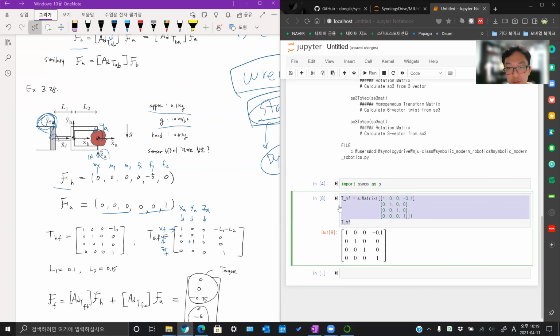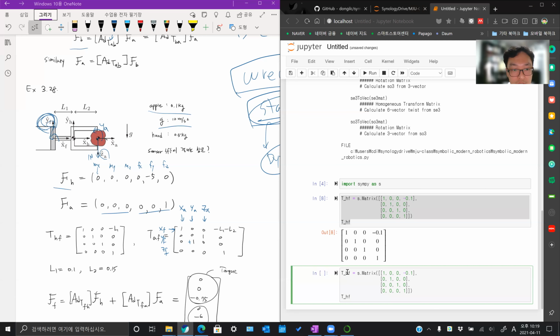And similarly, let's make TAF, 0, 0, 1, 0, 1. This one becomes 2, 5.